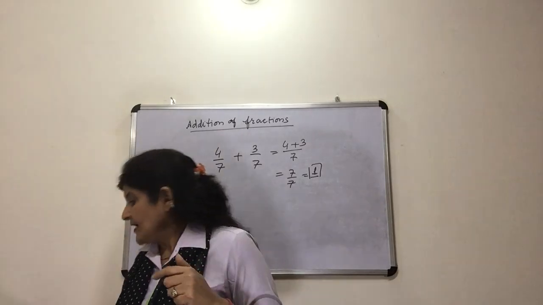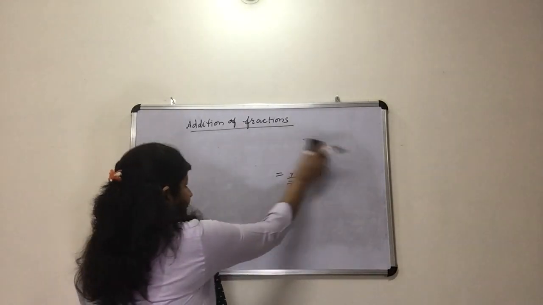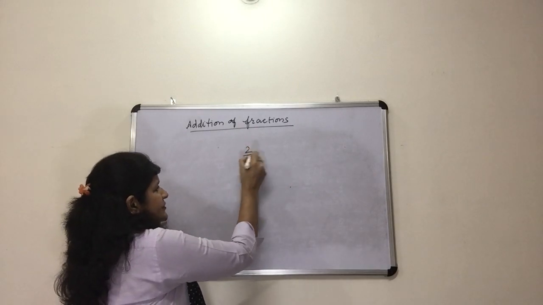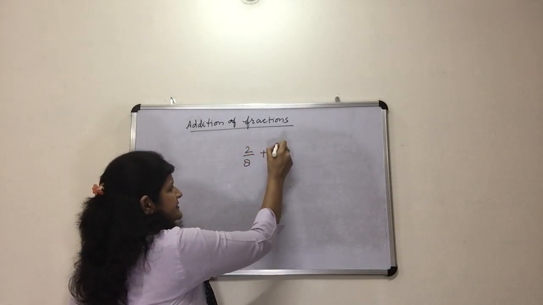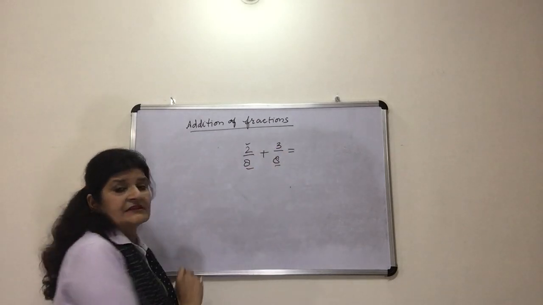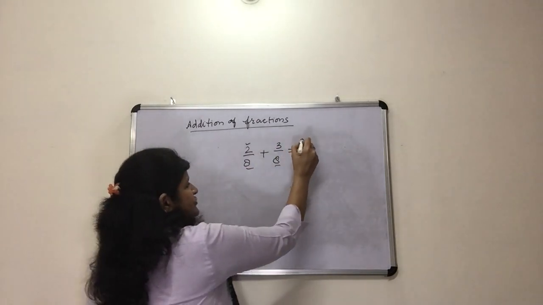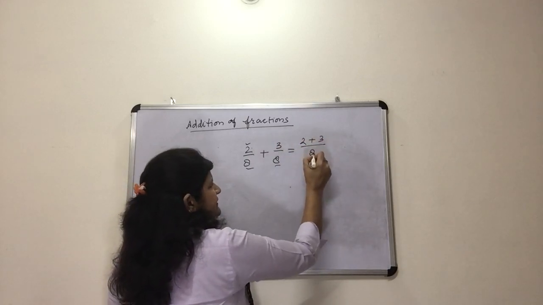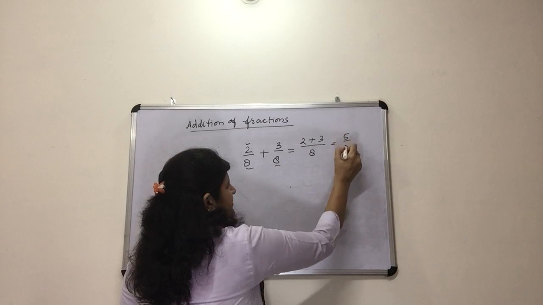Now you can better understand with some more examples. Suppose 2 upon 8 plus 3 upon 8. These are like fractions, the denominators are same. So we will write 2 plus 3 upon 8 and that is 5 upon 8.